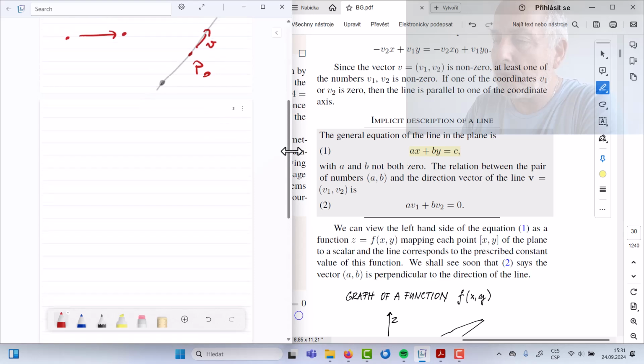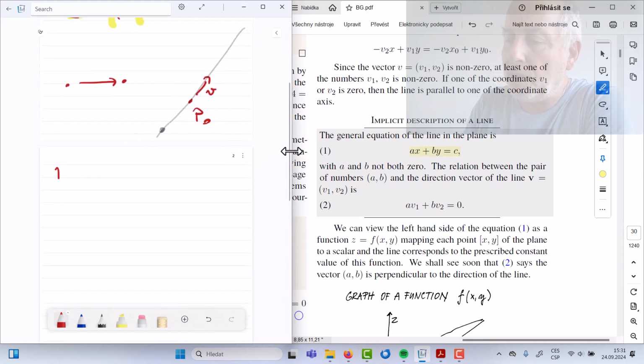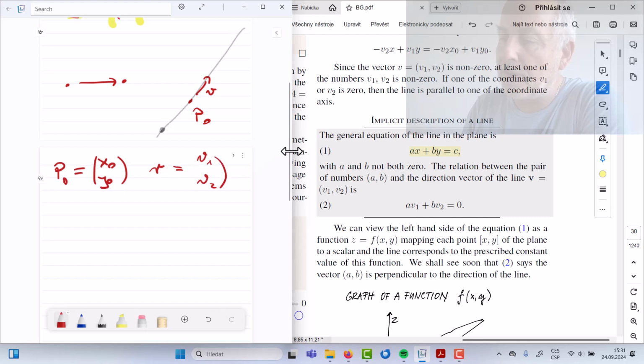So if P0 was x0, y0, and I've got this vector V, which is something like V1 and V2 say, then of course the general point P on the line is equal to x0, y0, so I write both the coordinates at the same time, plus t times v1, v2.